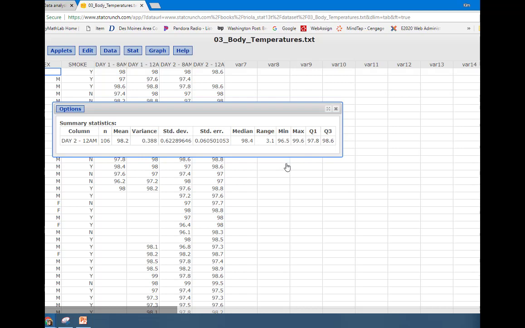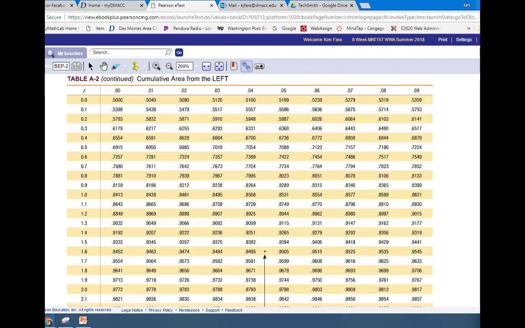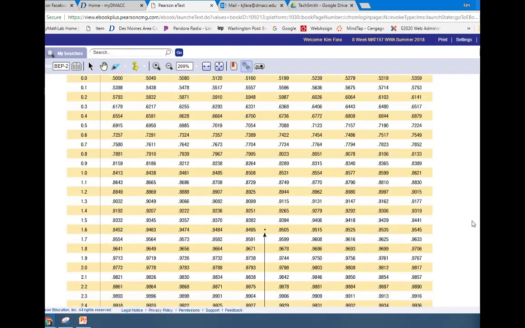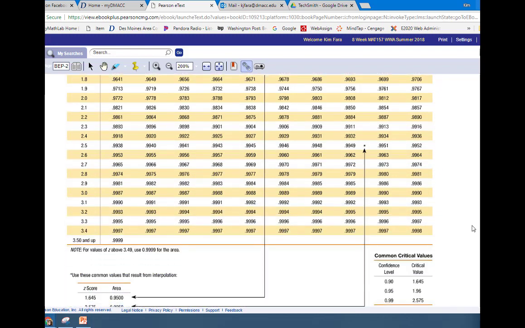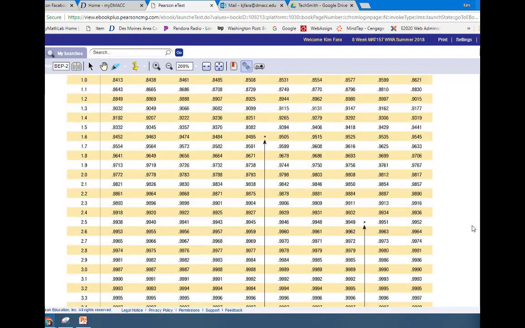So let's go back to our table A. So I'm in table A. We still want 98%. So again, our critical Z is going to be 2.33.